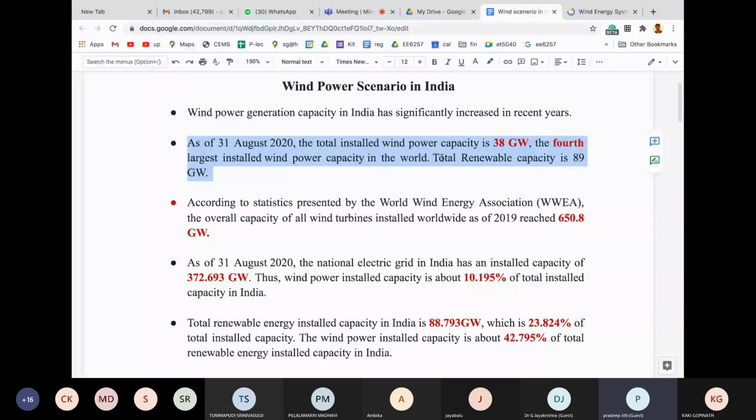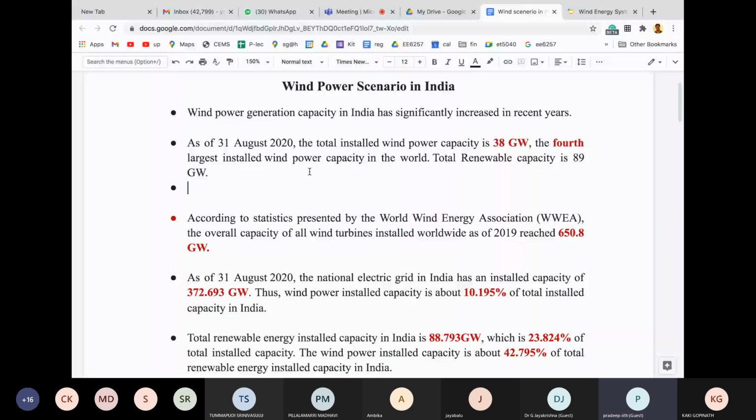From here we went to the particular CEA website, cea.nic.in. This website will give you more information. Now there is another source, the World Wind Energy Association (WWEA), and the overall capacity of all wind turbines installed worldwide is 650.8 gigawatt.